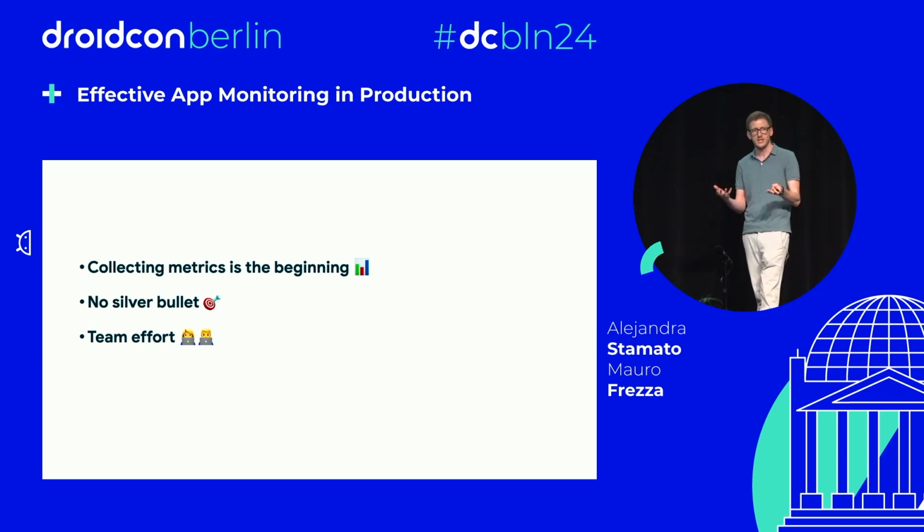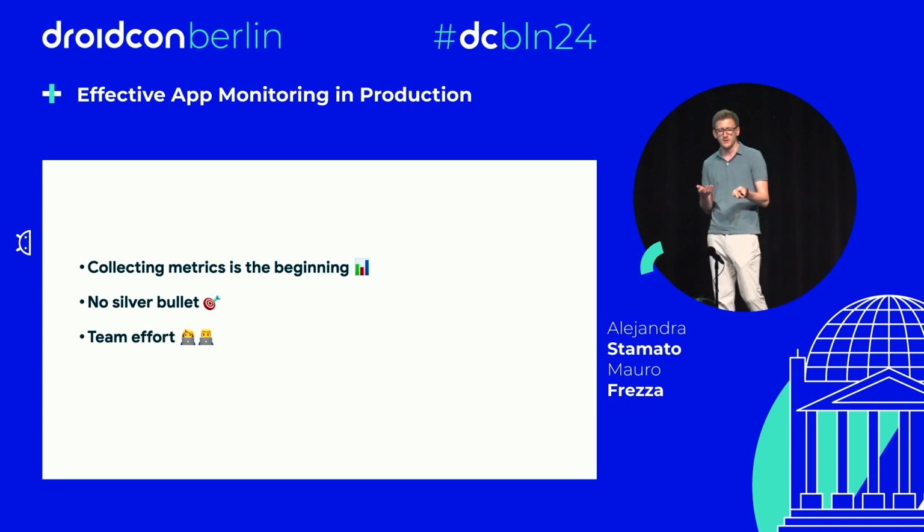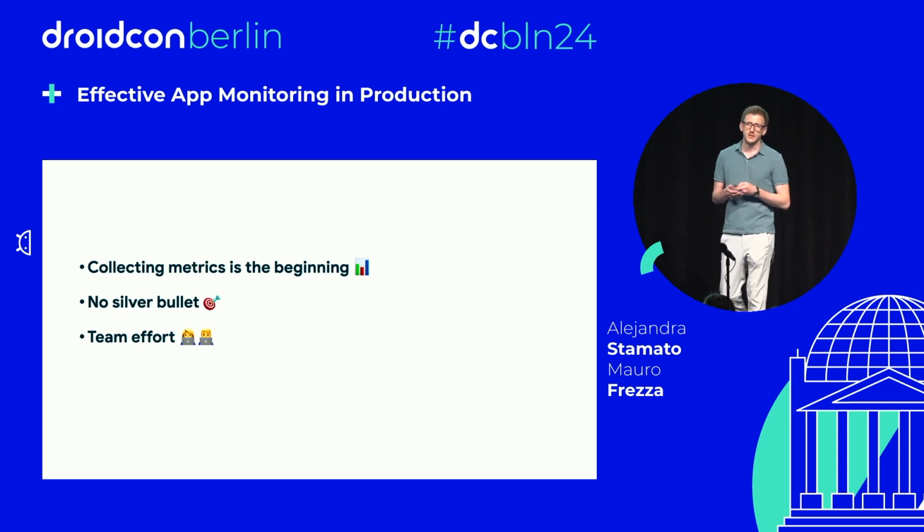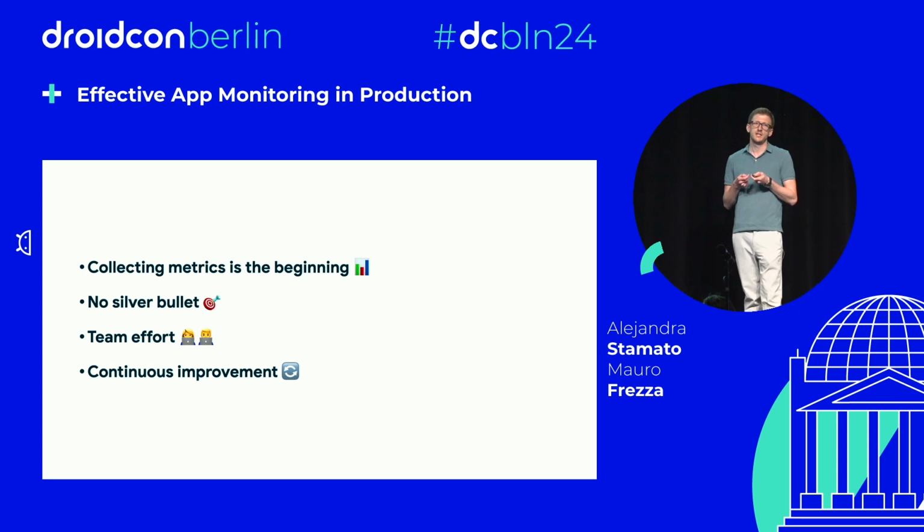The whole team needs to understand that this is part of the responsibilities of software development. And so the ownership needs to be shared, and everybody needs to be able to effectively understand how to debug issues through the monitoring tools. And there needs to be a continuous improvement process around it, so that you can effectively provide a better user experience.